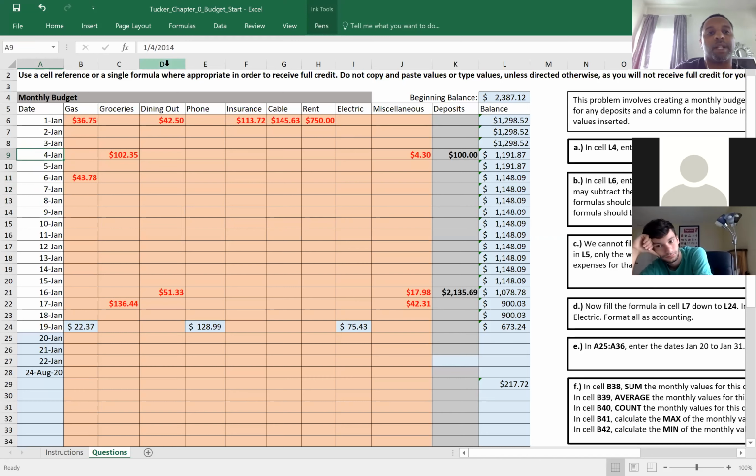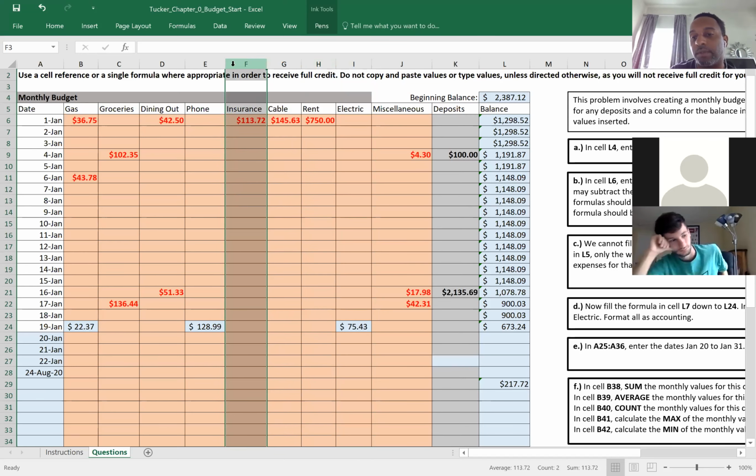And then if I'm changing my columns, I'm looking at the letters. So if I'm at G and I go over 2 columns, then I'm changing my letter to I. Or if I go back 3, then my letter goes to F. So once again, if you're going up or down, you're changing your numbers. If you go left or right, you're changing your letters, which would be your columns.